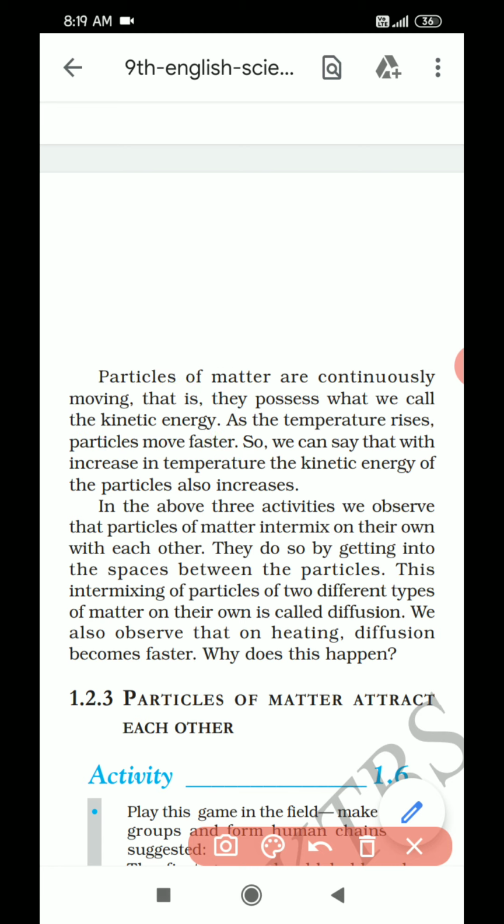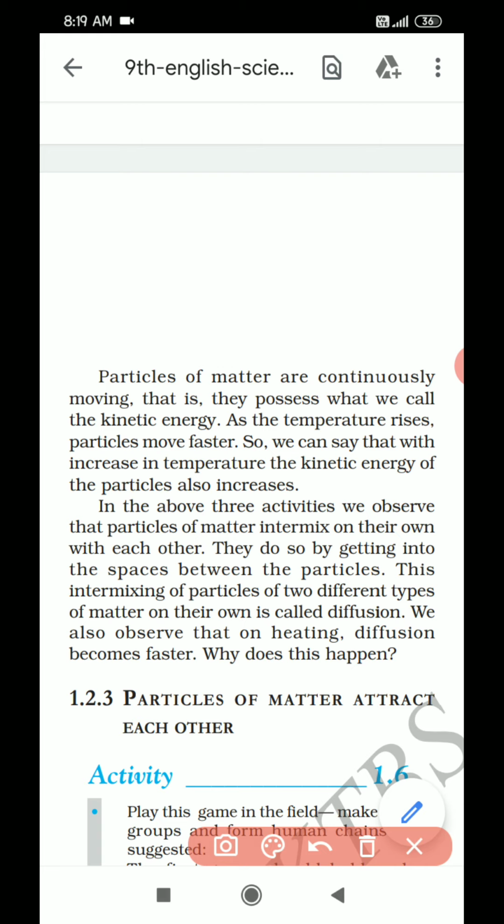And when I look at the third experiment, that is hot water and cold water, if I add a KMnO4 solution, that is potassium permanganate solution, in hot water it was dissolving at a higher rate, or it was continuously moving at a higher rate, whereas in cold water the particles of KMnO4 solution were not moving at that higher rate.